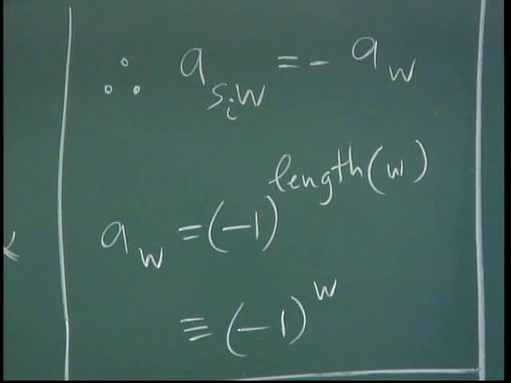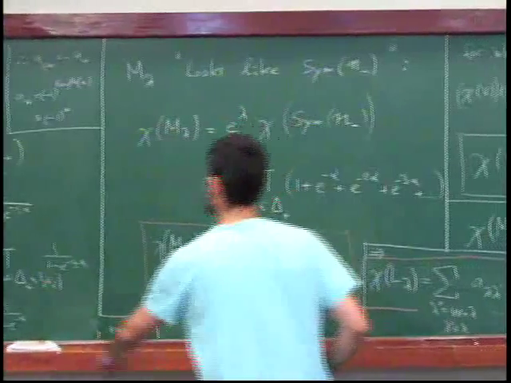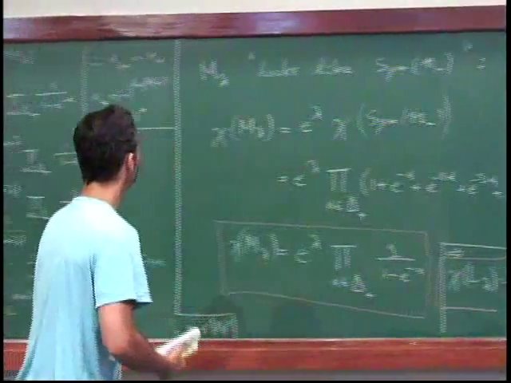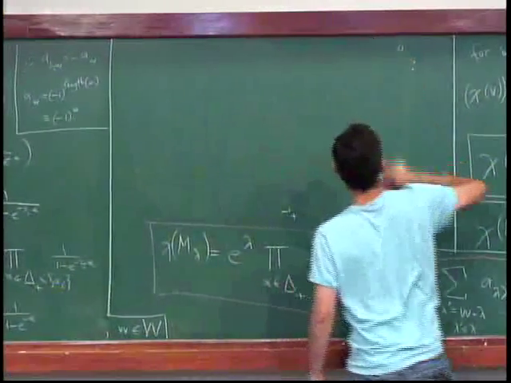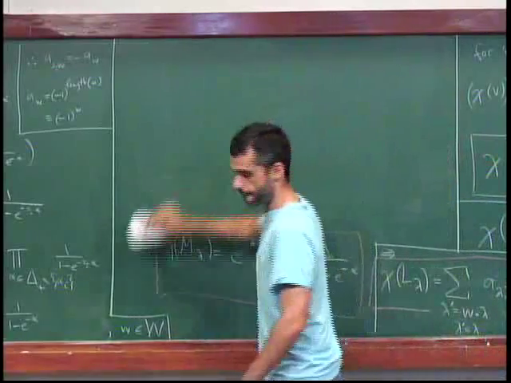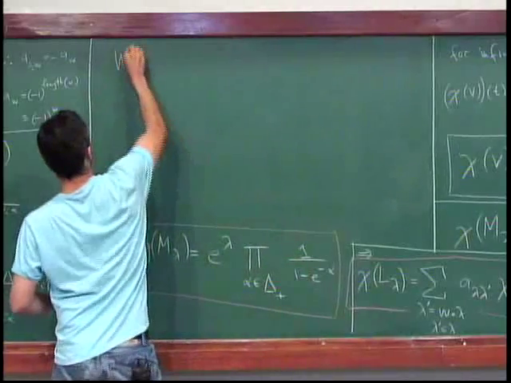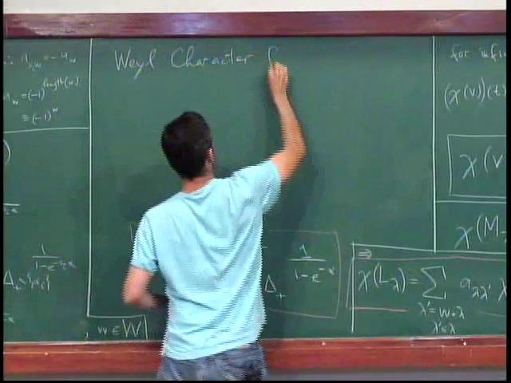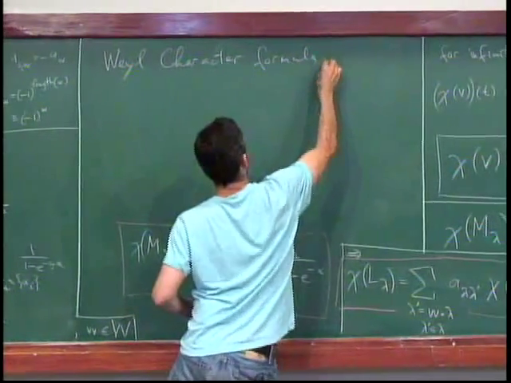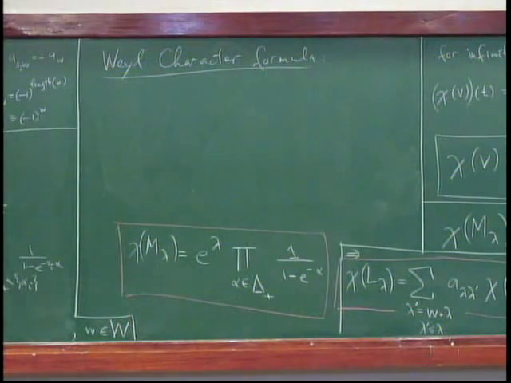Now we're essentially done, and we have the so-called Weyl character formula, which tells us what the character of L lambda is. Where is it?